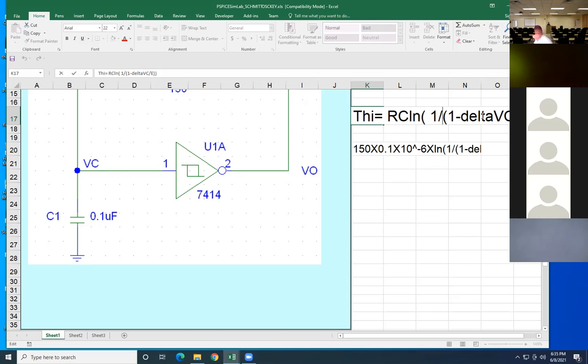So then is the right answer 5.88 microseconds? 5.87 microseconds, yes. Okay, we agree on that.